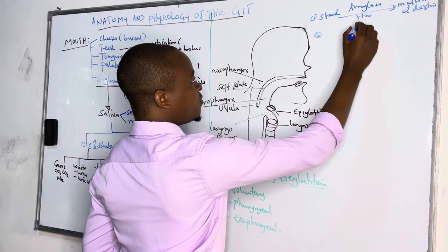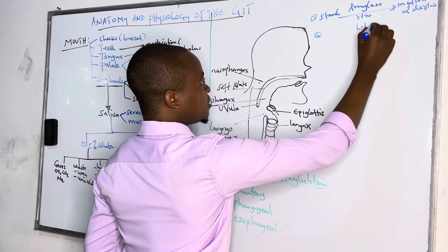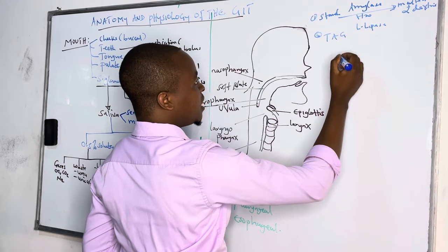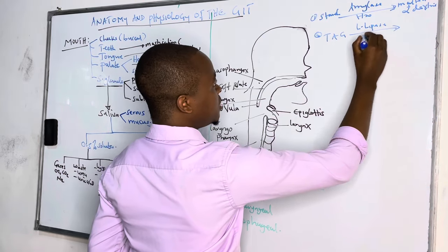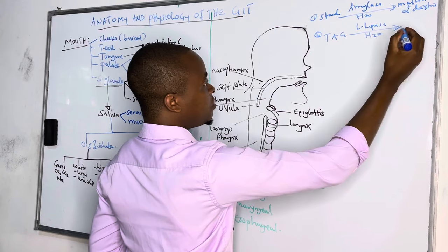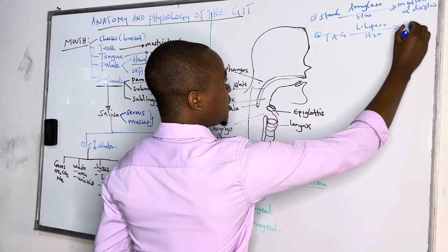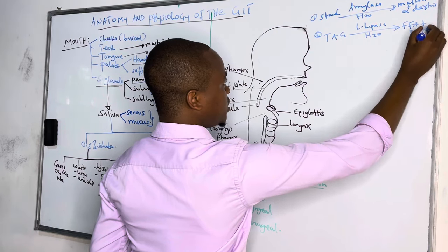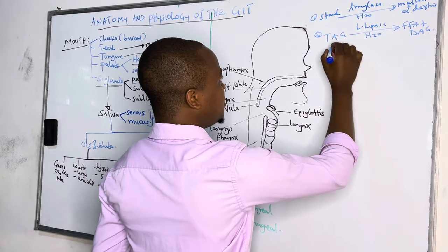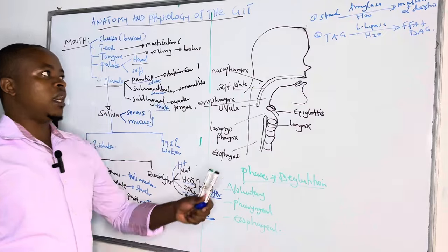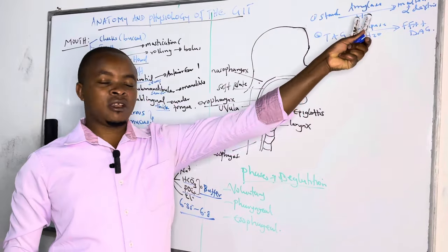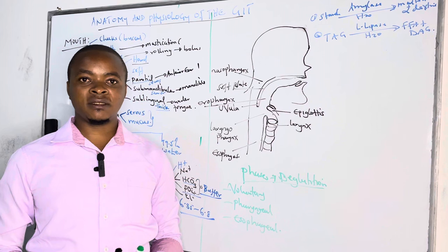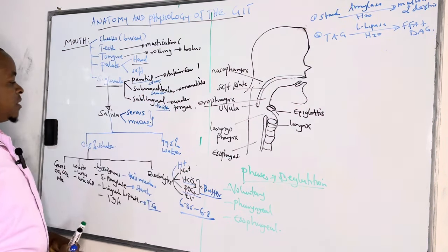We are seeing another action of lingual lipase hydrolyzing short-chain triglycerides or triacylglycerol in the presence of water by breaking the ester bond to produce free fatty acid plus diacylglycerol. And its action is minimal, like 10%. These two enzymes complete their work in the stomach during the storage phase. That's where they are completed.